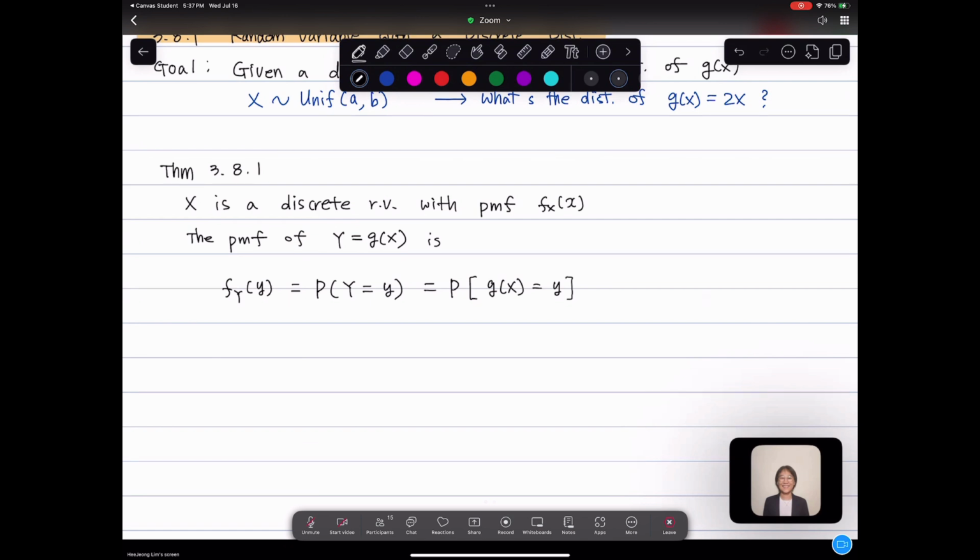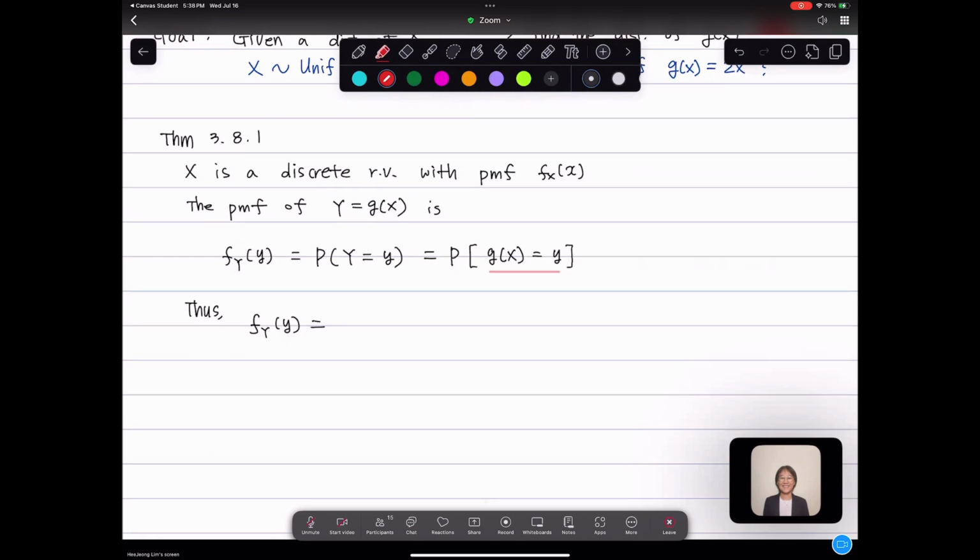Therefore, all I have to do to get the PMF of y, f_y(y), is to get all these x's so that g of x equals y. I want all those x values and I want to add them up.